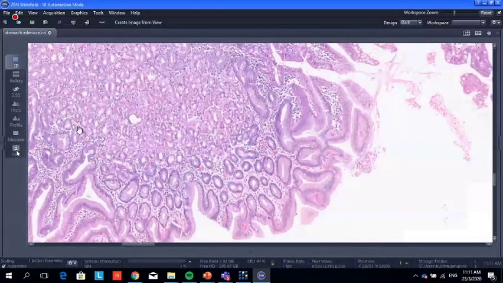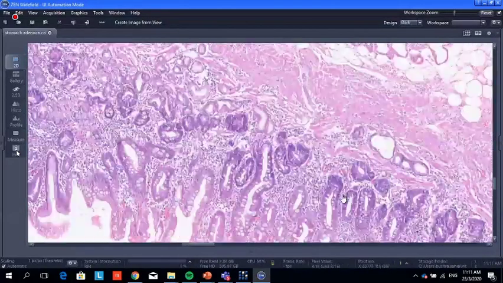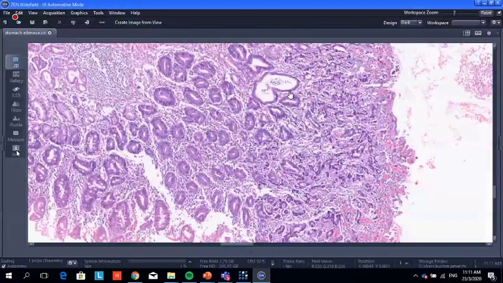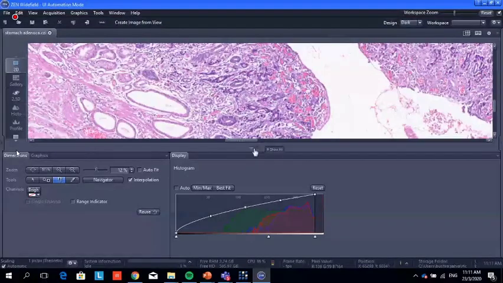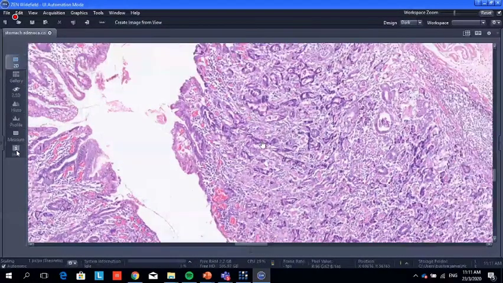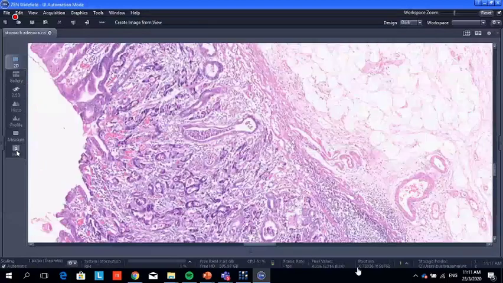Look at this area. We have seen the metaplastic and the dysplastic glands, isn't it clear? Yes. Look at the malignant here. Can you see the malignant? This is the malignant gland.